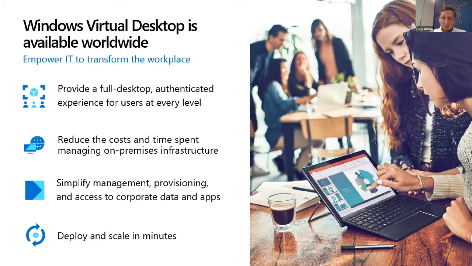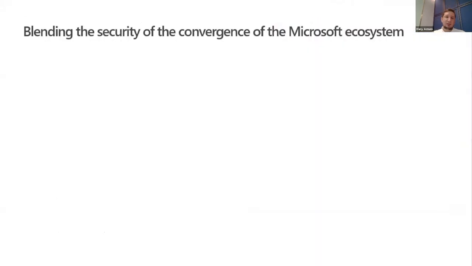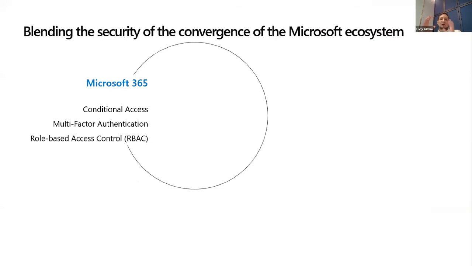In addition to this, if Jonathan, you go to the next slide, is the security, right? This is well integrated with your AD environment. You can do things like reverse connect, Azure AD authentication.